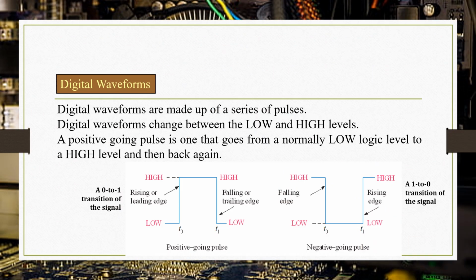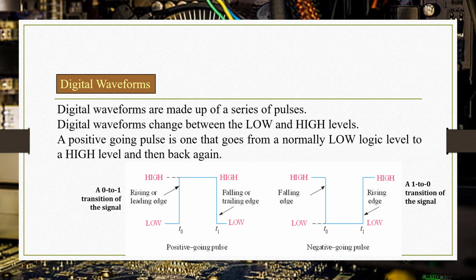Now let's discuss about digital waveforms. These digital waveforms are made up of a series of pulses and they change between the low and high levels. As we just said, a positive pulse is one that goes normally from low logic level to high level and then from the high level back to low.